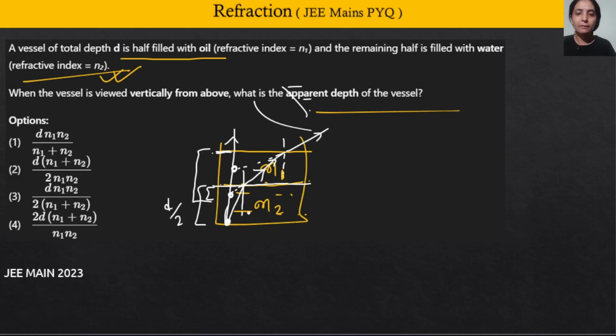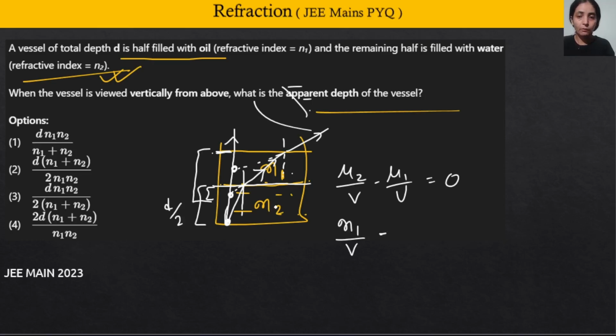So let us first find the first one. Which formula are we going to use? Mu 2 by v minus mu 1 by u is equal to 0, right? Because r is infinite, this will become 0. So for the first surface, use first: the refracted light is going into which medium? N1. So n1 by v minus mu 1. Mu 1 is of which medium?